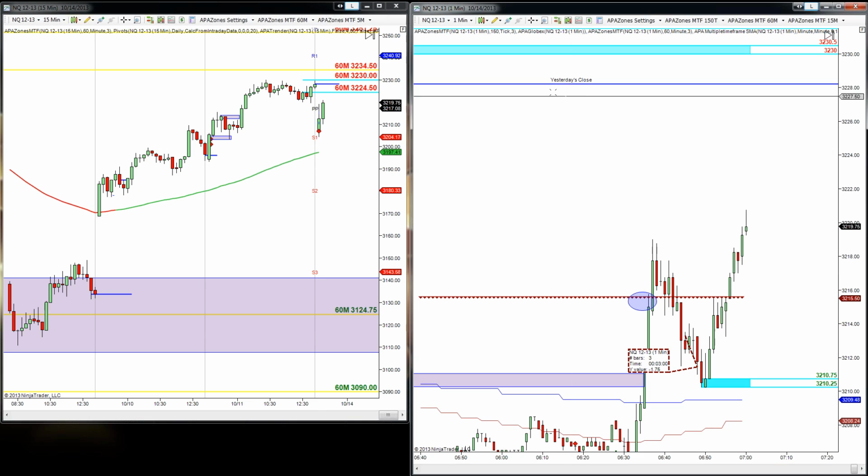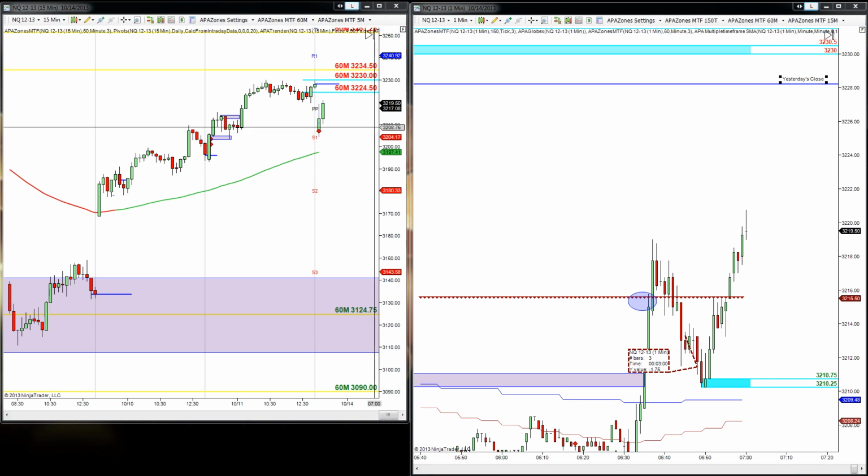We have yesterday's close marked right up here. And since I've already told you guys about my other trade that I'm in, I'm going to go ahead and let you know that my third target is sitting up there at yesterday's close.